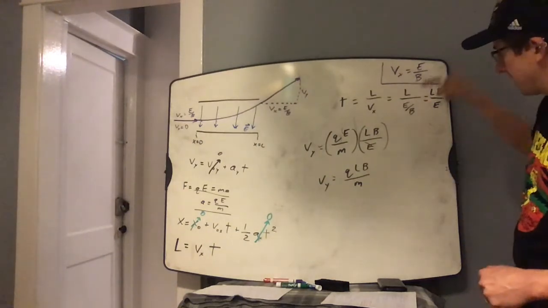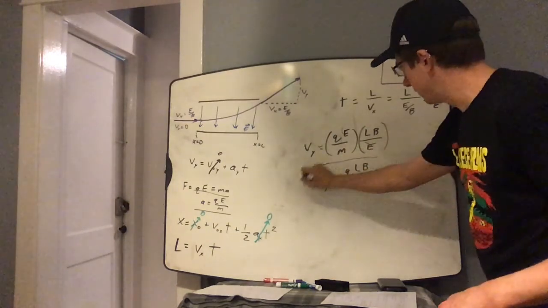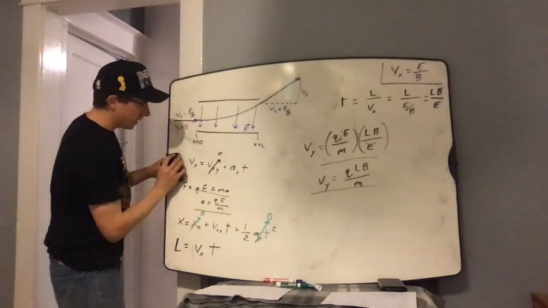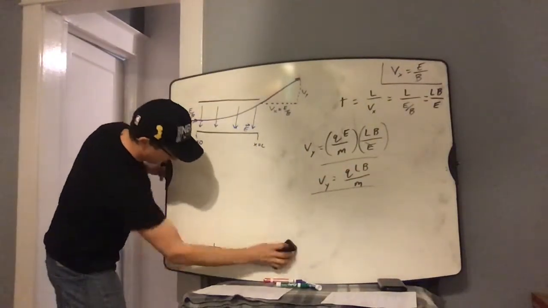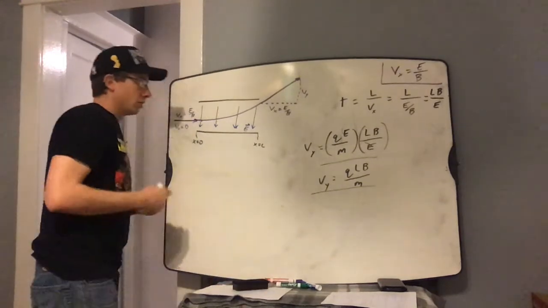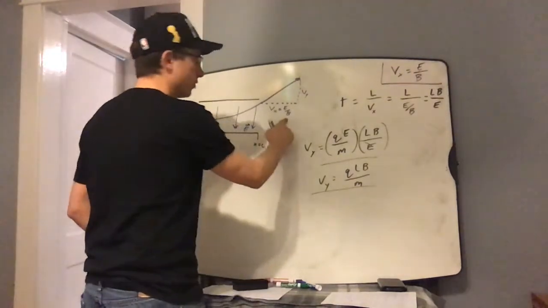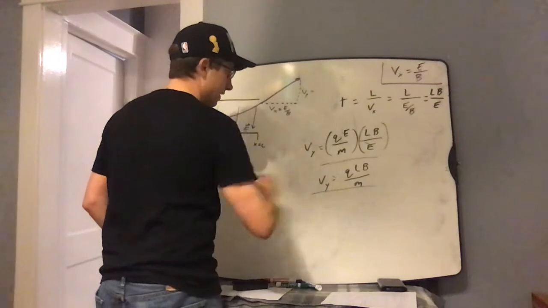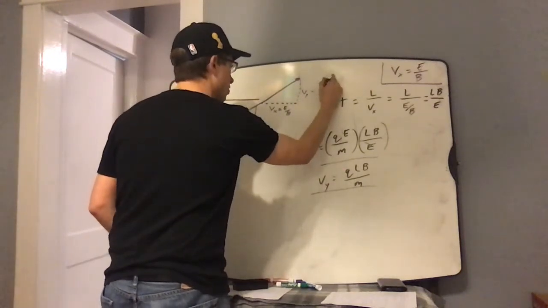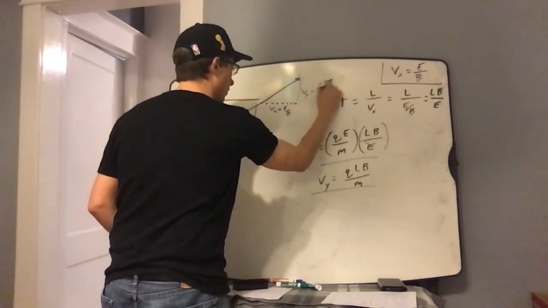So we have Vx and Vy. So what am I going to do with this information? We have Vx is E over B, Vy is QLB over m.